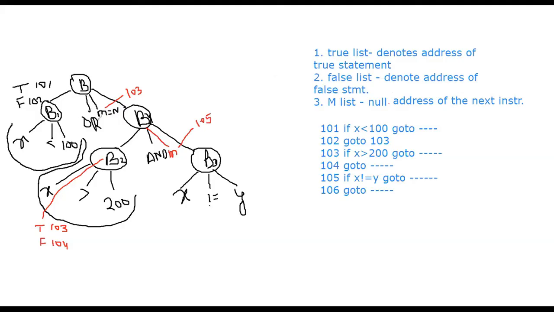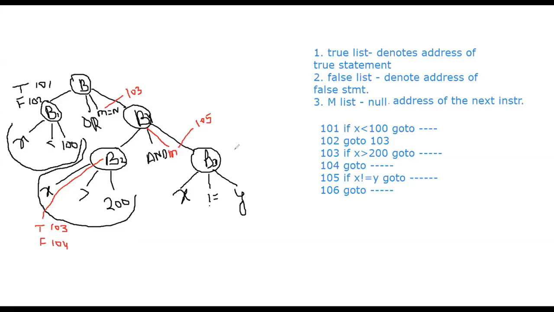If the B1 is false, because it is an OR operation, B2 will be executed only when B1 is false. So that is why M is containing 103. Here, B2 and B3 are joined with the AND operation. So if the B2 is true, we have to execute B3. If the B2 is false, then we'll exit from this particular condition.